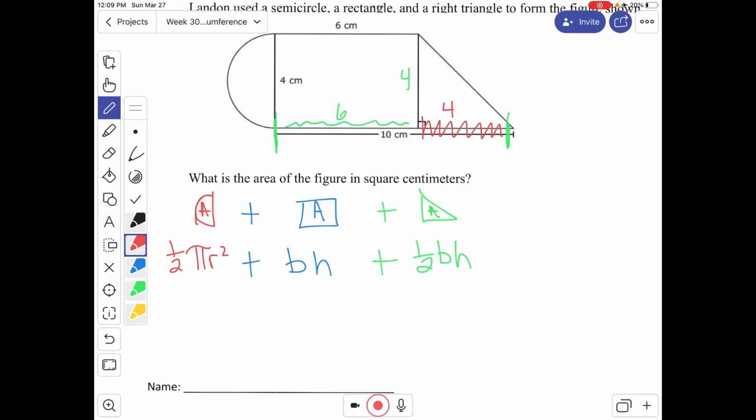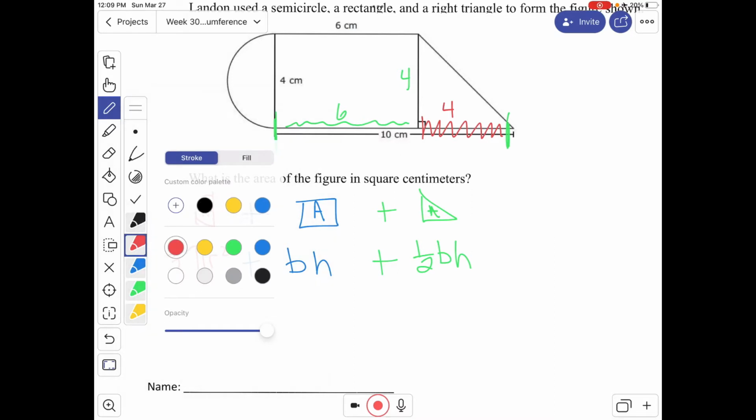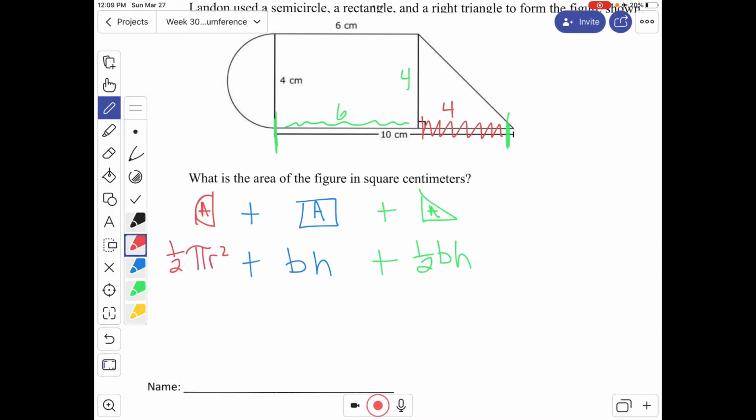Now let's see if we can plug some of those numbers into the formulas. 1/2 times the number we use for pi is 3.14 times the radius of the circle. Remember, radius only goes halfway across the circle. So if all the way across was 4, the radius would be half of 4, which is 2.